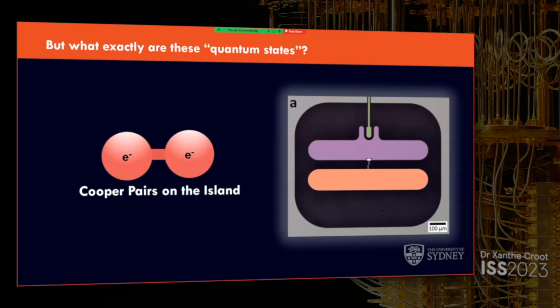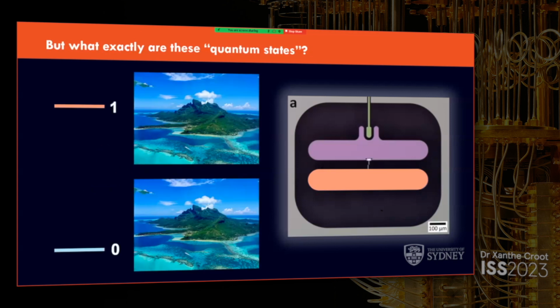Realistically, that's like 1 million, but I'm going to talk about it in terms of 1 or 2. When I say 1 or 2 Cooper pairs on the island, you can think of it as 1 or 2 Cooper pairs plus 1 million, or however many there actually are. So I'm going to say that my 0 state is having 1 Cooper pair on the island, and my 1 state is 2 Cooper pairs on the island.